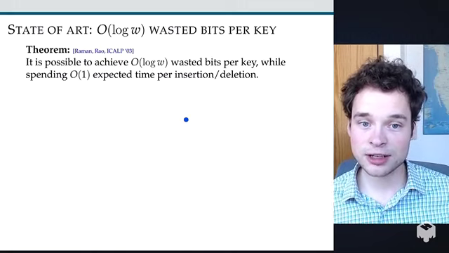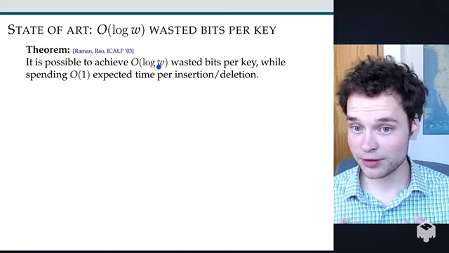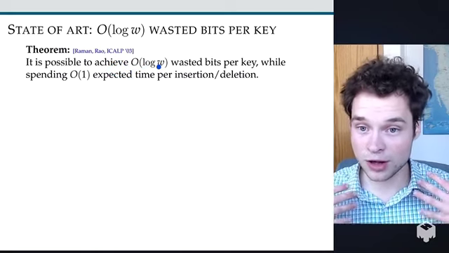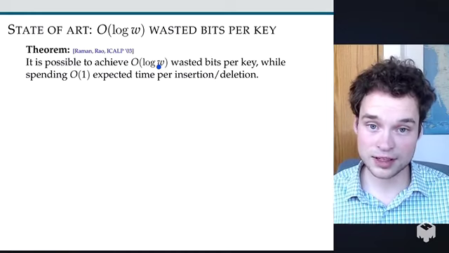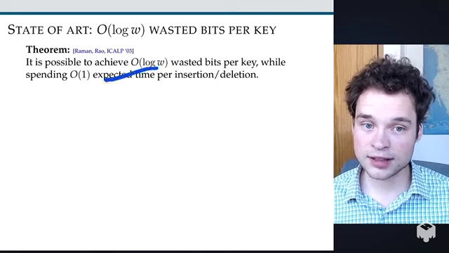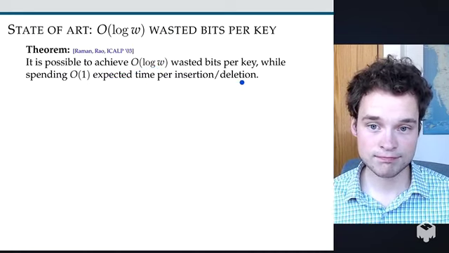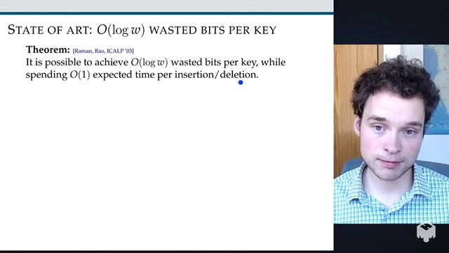You can achieve order log W wasted bits per key. For example, if W is order log n, then this is order log n wasted bits per key. And you can do this with constant time queries and with constant expected time insertions and deletions. That's what was proven in 2003.